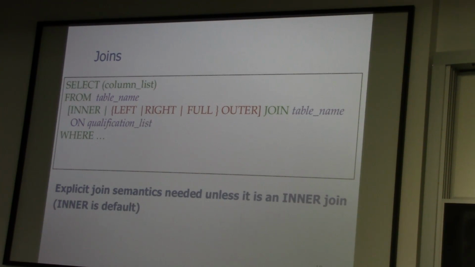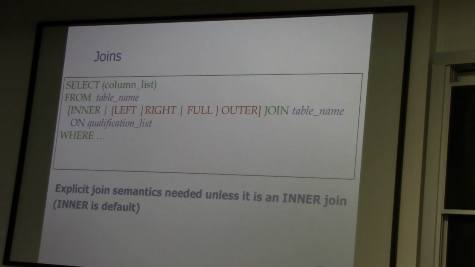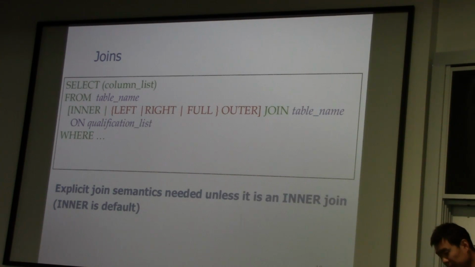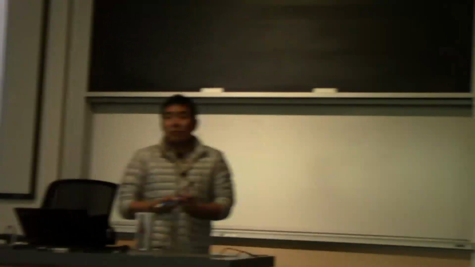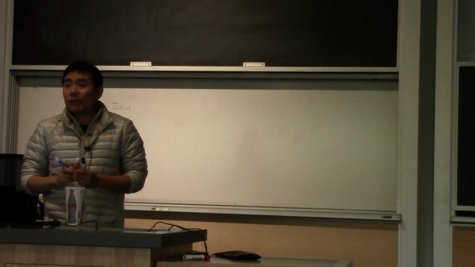So far, the way we approach join is to use from and where clause, and that gives you what we call an inner join. You can think about inner join as records from your cross product that satisfy the join condition.